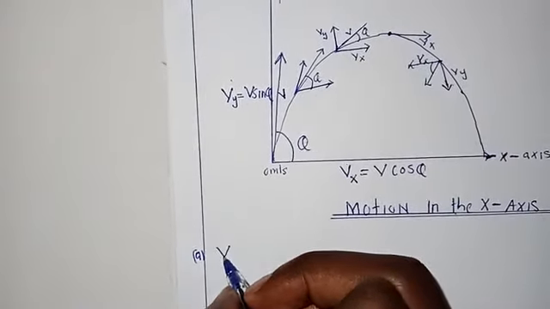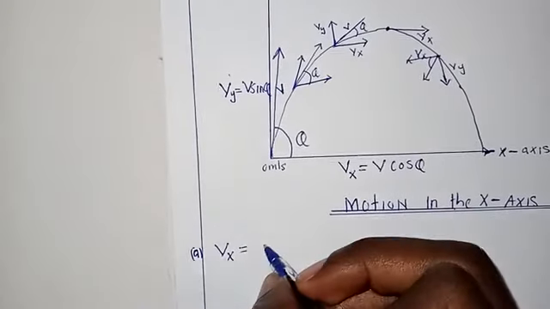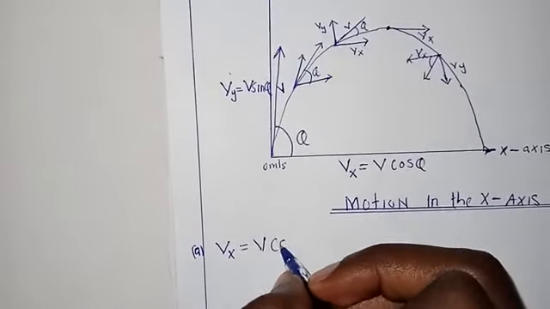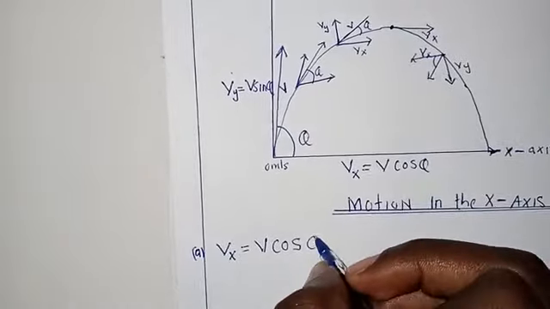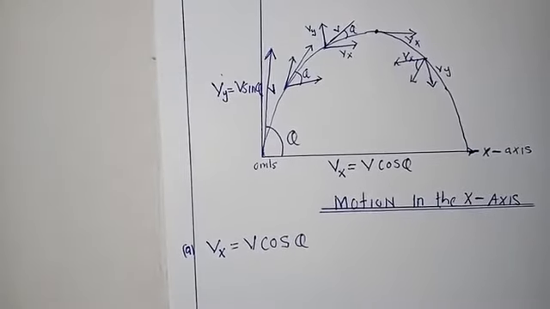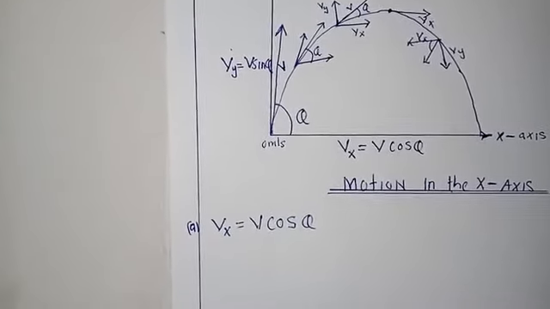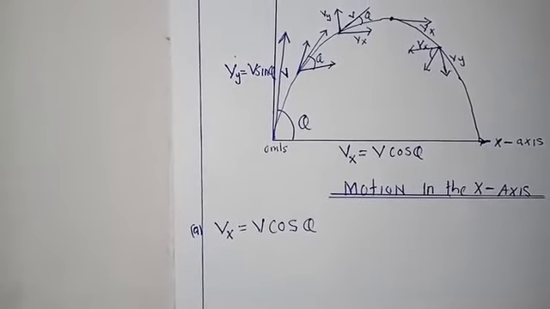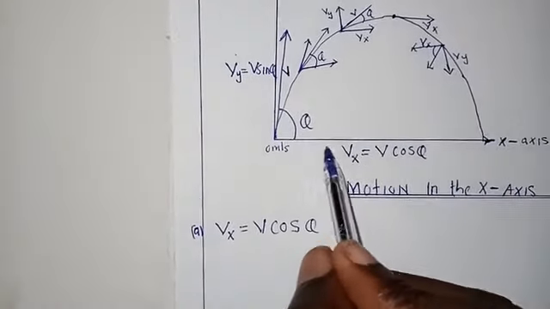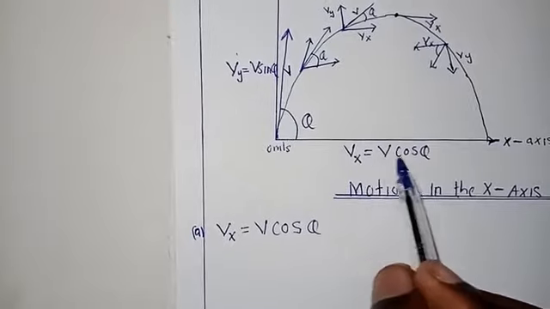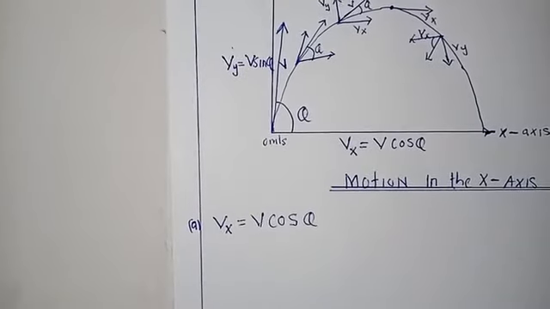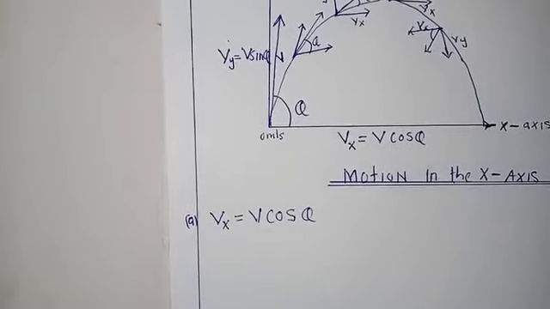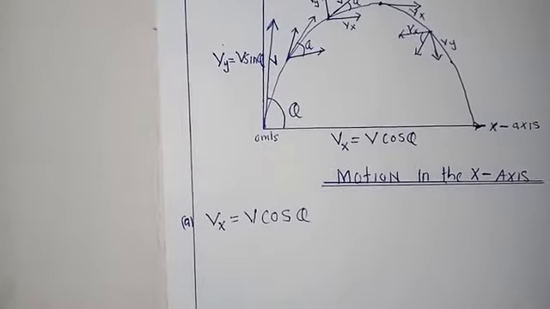So we know that Vx is equal to V cosine the angle theta. That's the formula that we use to find the velocity x component.